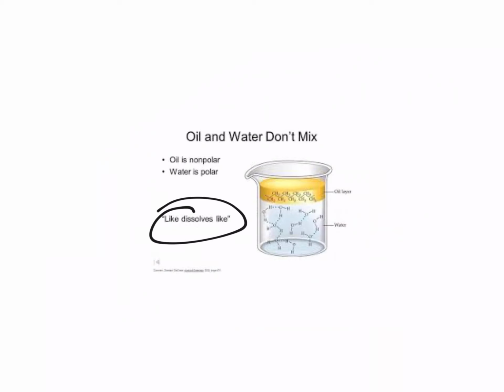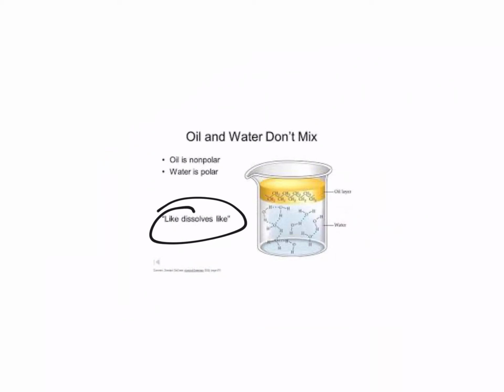And we're just going to quickly brush over a really important concept known as like dissolves like. This concept can get more confusing, but here are just some of the basics. Basically, polar molecules dissolve in polar solvents, and nonpolar molecules can dissolve in nonpolar solvents.